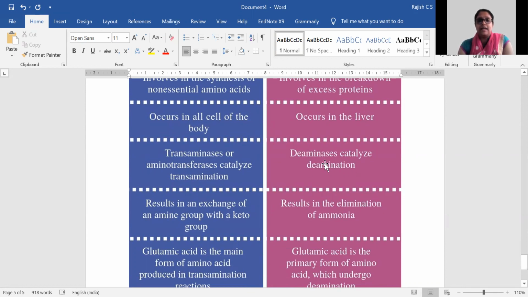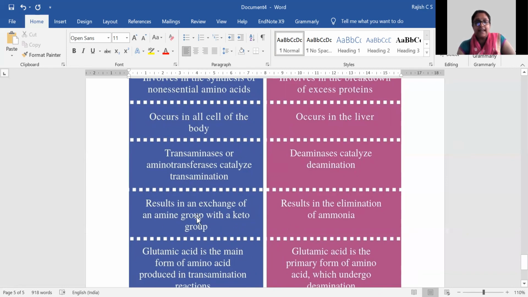The enzymes involved in deamination are deaminases. Glutamate dehydrogenase is an important enzyme involved in the oxidative deamination process, and glutaminase is the enzyme involved in hydrolytic deamination.